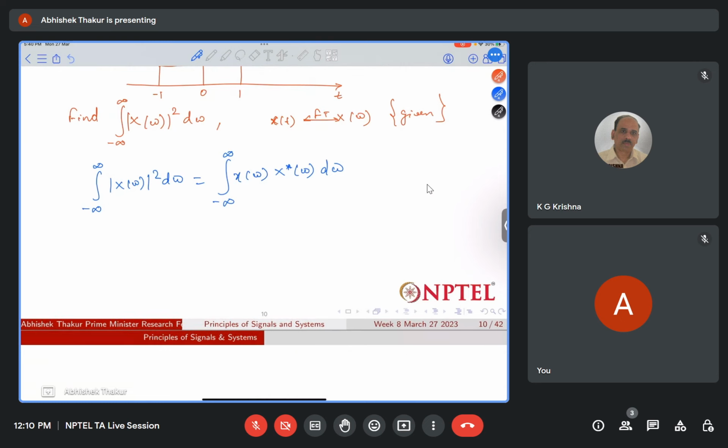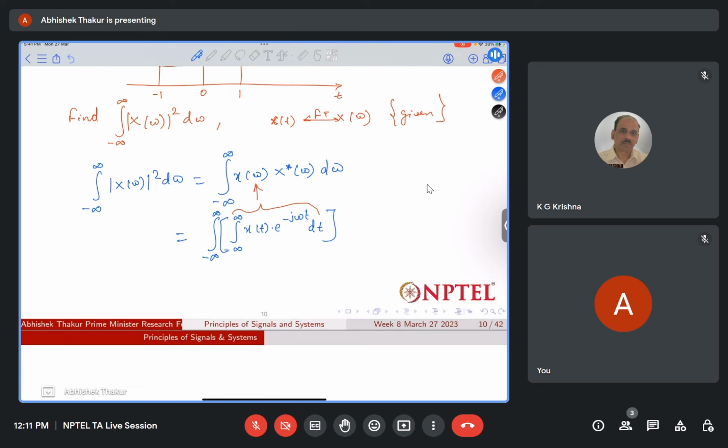Now this X(omega) term we can write from the Fourier transform formula. X(omega) is the integration from minus infinity to infinity of x(t) into e to the power of minus j omega t dt.